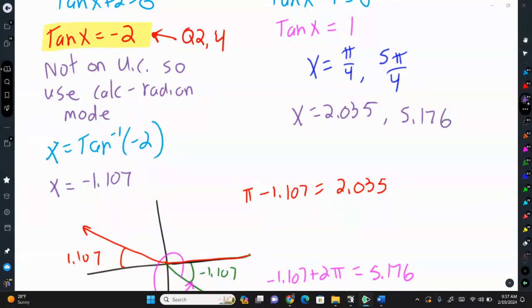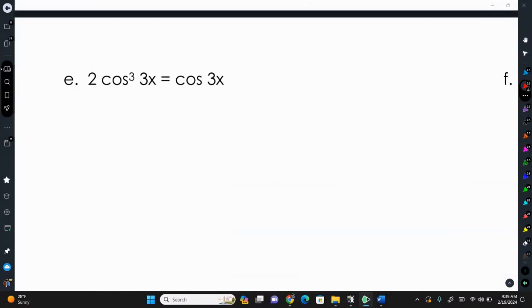So again, we only use the calculator when the angle is not on the unit circle. I would say 95% of the ones that we do, the angle will be on the unit circle. So we're going to skip problem E and go right to F. We have tangent 2x equals 0.